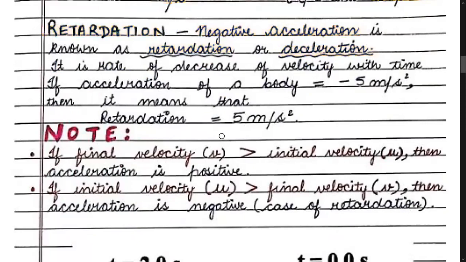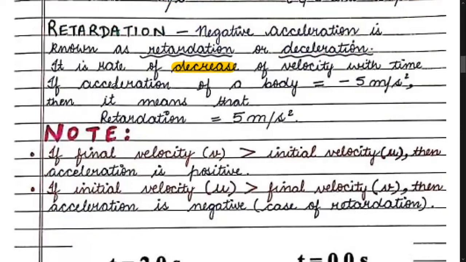And what do we mean by retardation? Children, it is the rate of decrease of velocity. Acceleration was the rate of increase of velocity, and retardation is the rate of decrease of velocity with time.